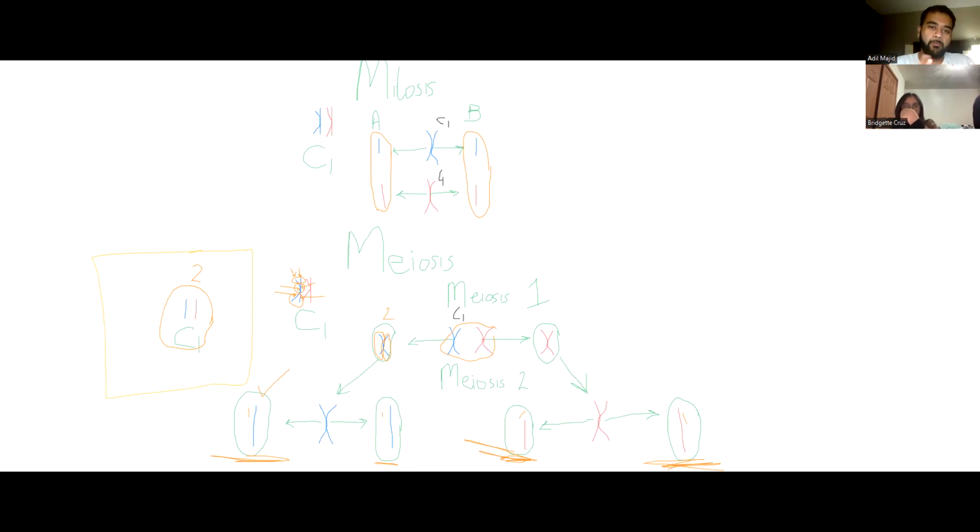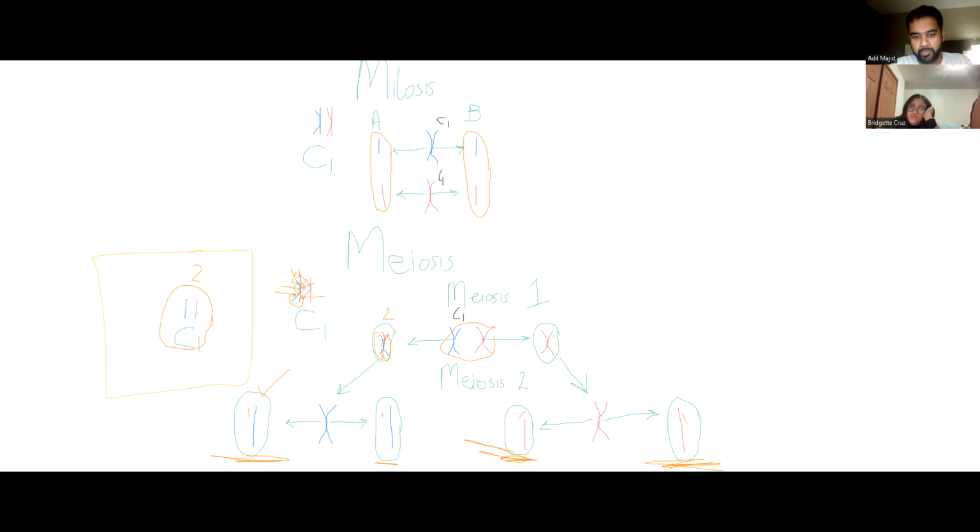And then when it goes to meiosis, they don't want one of each. They want that haploid number, because if they had one of each, they're still diploid. So that's when they get pulled apart, and you make two cells.